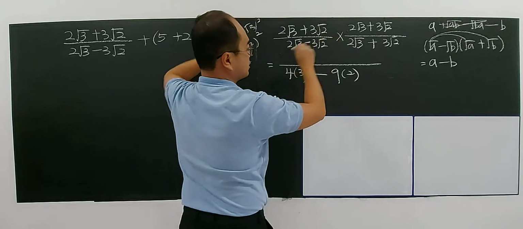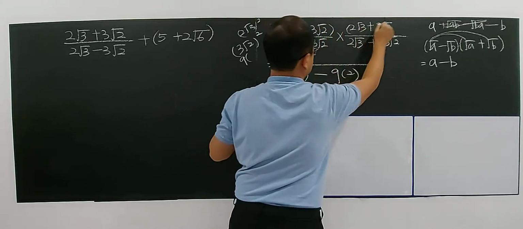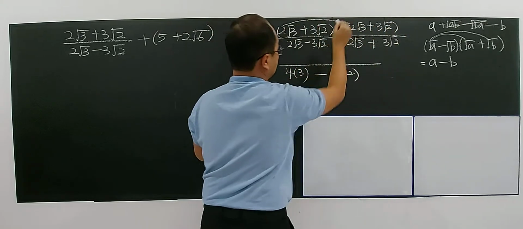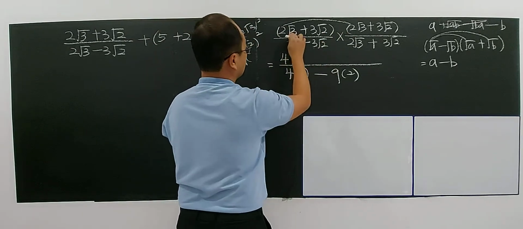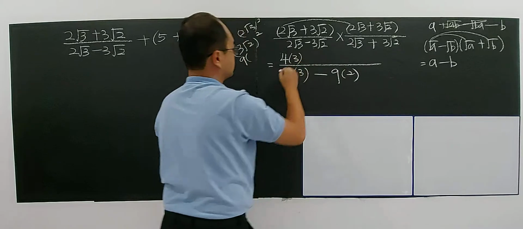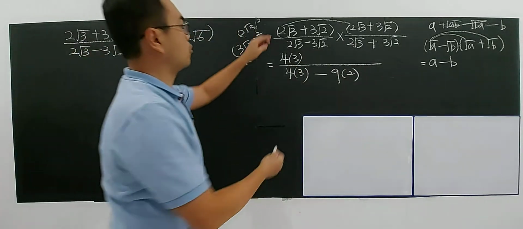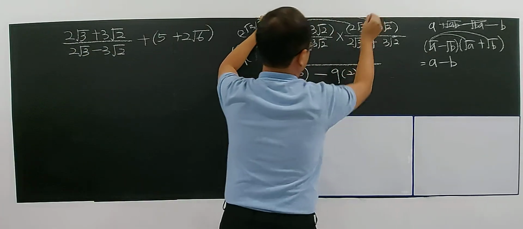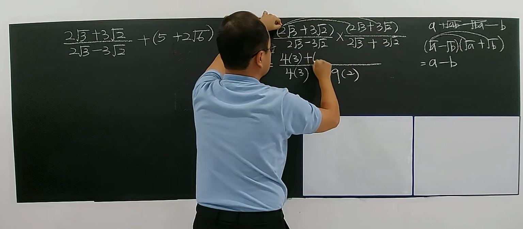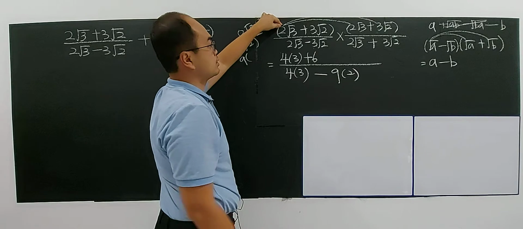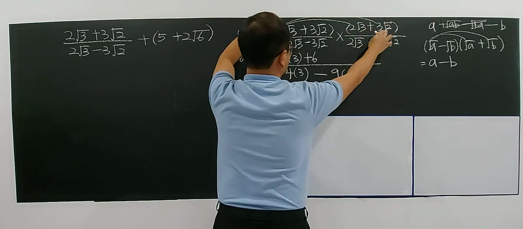Now this numerator is not a conjugate pair, so you have to expand the brackets one by one. You have 2 times 2, which is 4, and square root of 3 times square root of 3, you have 3. That's the first one. Followed by the second term of the expression: 2 times 3, you have 6, and square root of 3 times square root of 2.